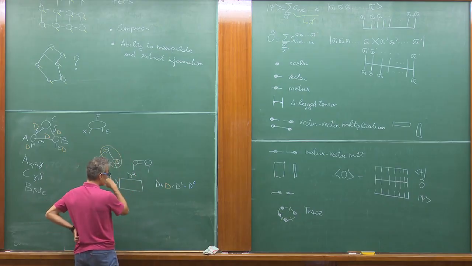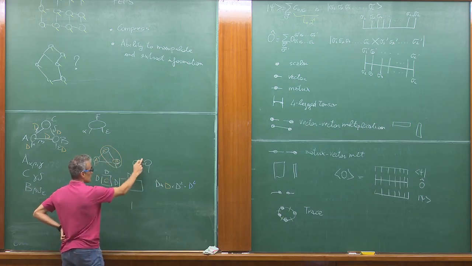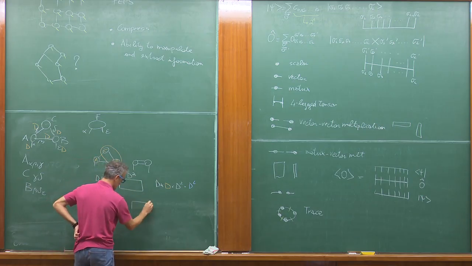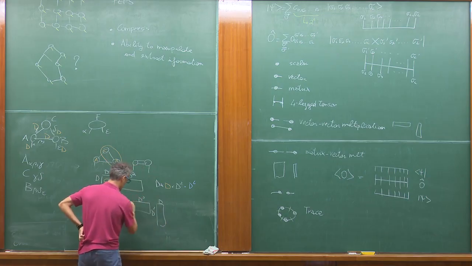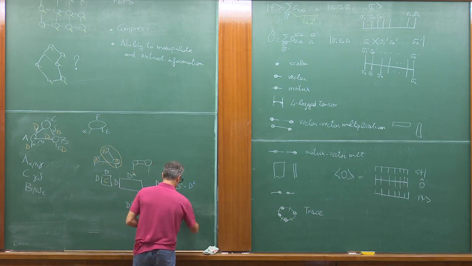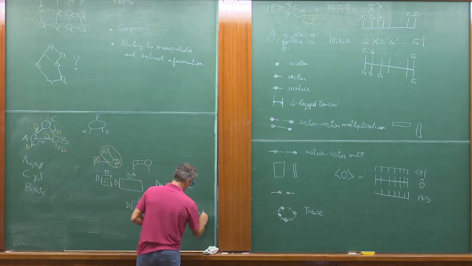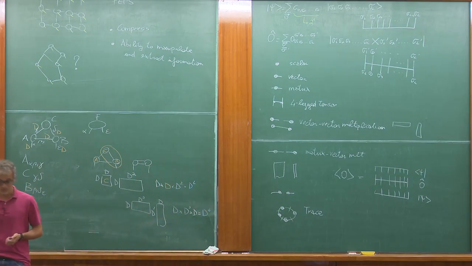I have something of dimension D by D squared, and then again D squared times D. So how many operations? D times D squared times D is equal to D to the 4. So D to the 4 order operations to do this contraction.